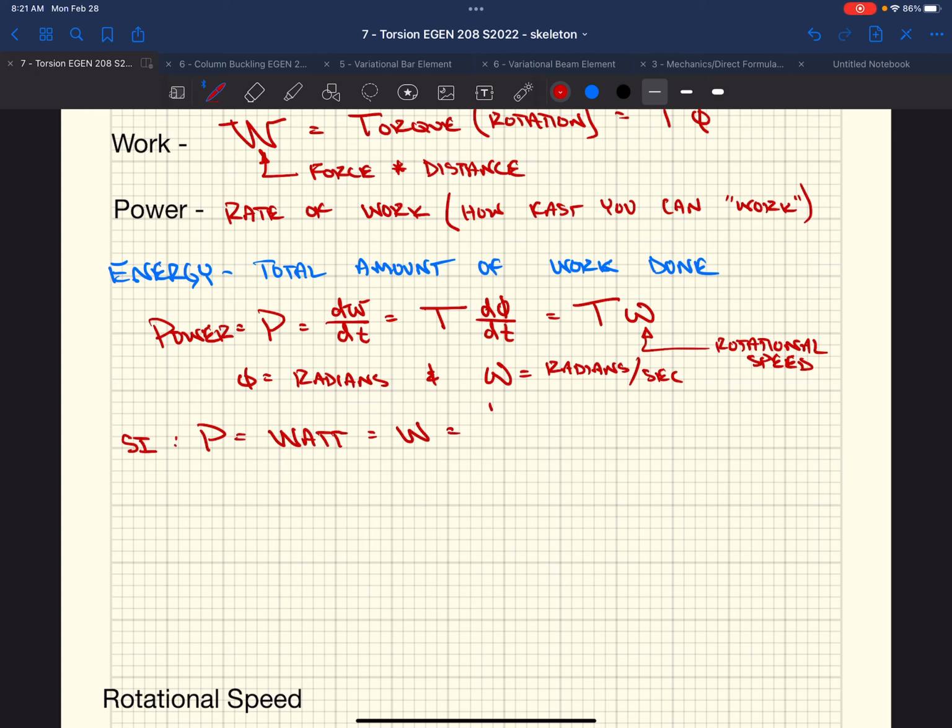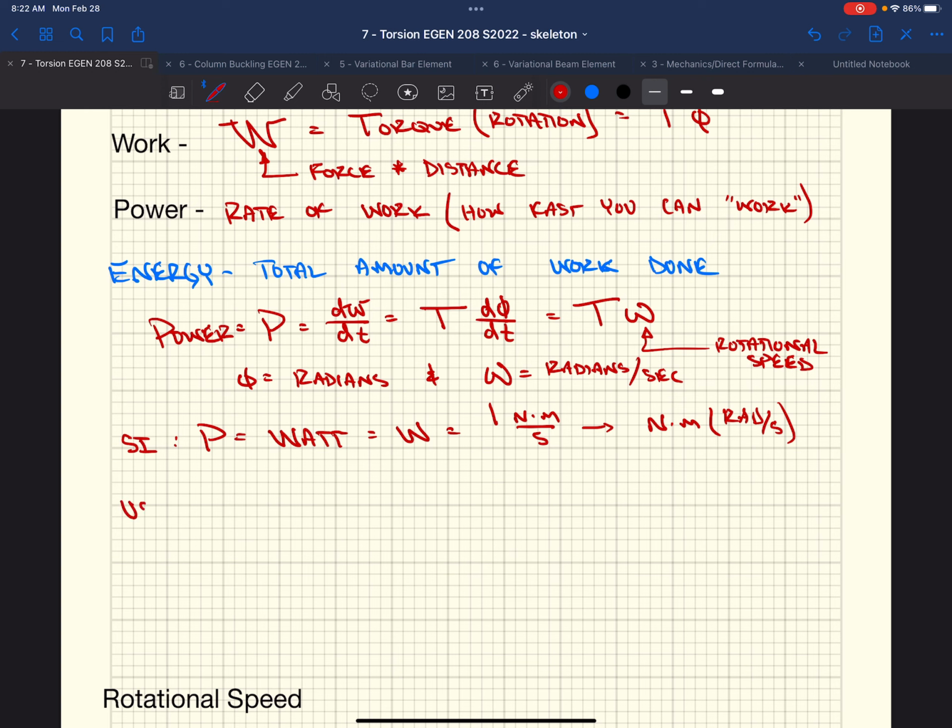Well, that is 1 Newton meter per second, or Newton meter radians per second. Radians are unitless, so 1 Newton meter per second is the same as a Newton meter radians per second.